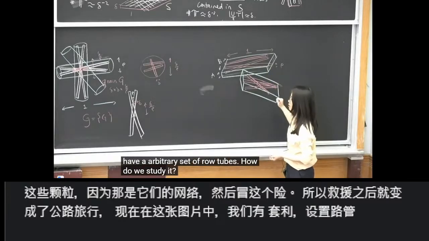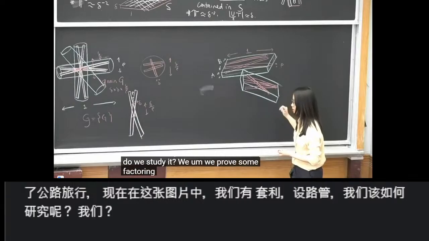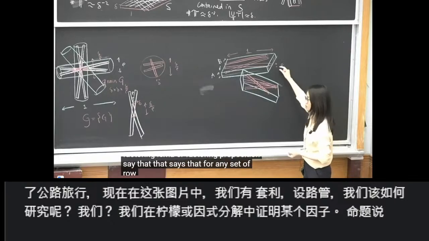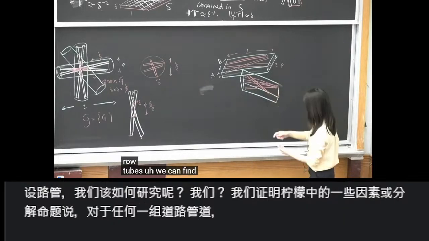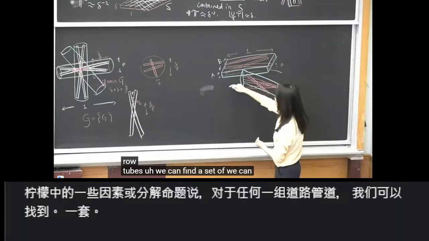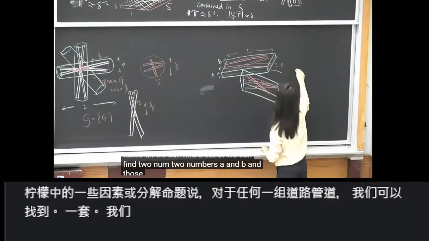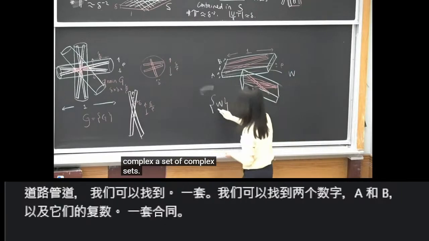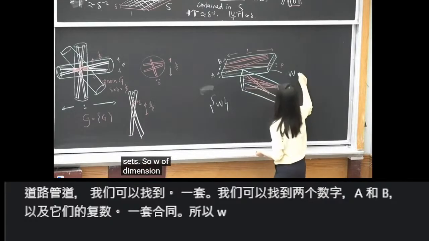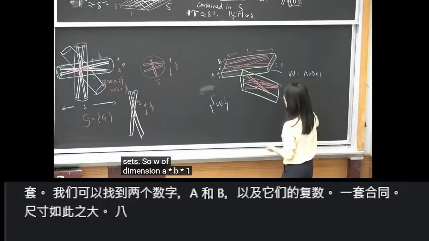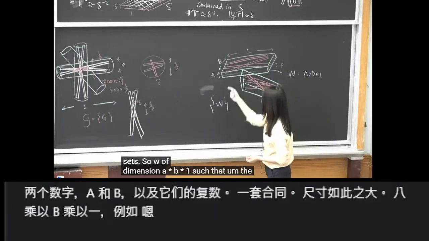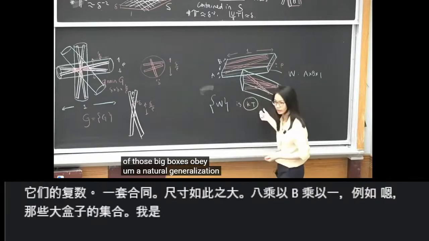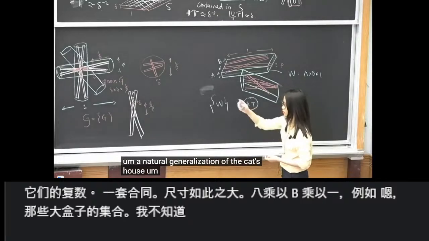How do we study it? We prove a factoring lemma, or factoring proposition, that says that for any set of rho tubes, we can find two numbers A and B, and a set of convex sets W of dimension A times B times 1, such that the set of those big boxes obeys a natural generalization of Kakeya's Wolff axiom.